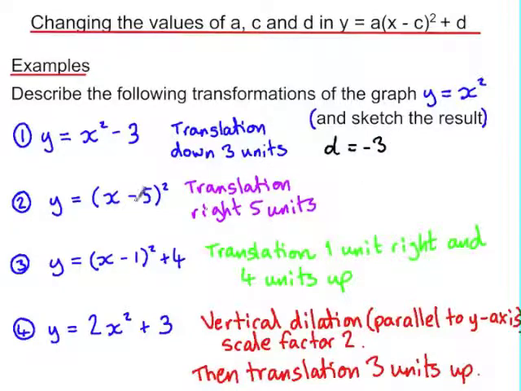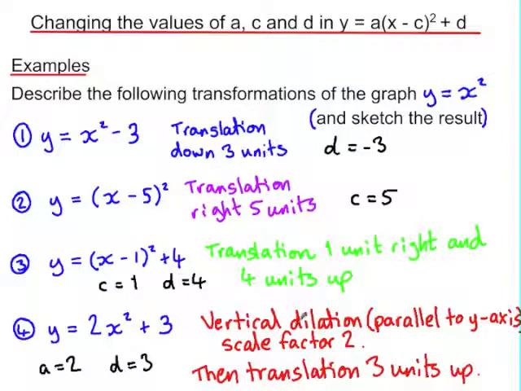In the second example, a is 1, d is 0 and c is 5. In the third example, a is 1, c is 1 and d is 4. And in the fourth example, a is 2, c is 0 and d is 3.